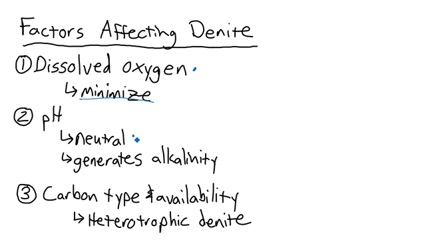We want to try and maintain a neutral pH, and also it's important to note that denitrification generates alkalinity, which is a good balance for our nitrification process. And then it's also important to understand that we need a sufficient amount of carbon available as our carbon source and our electron donor, specifically when we're talking about heterotrophic denitrification.